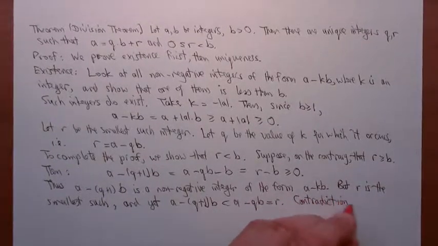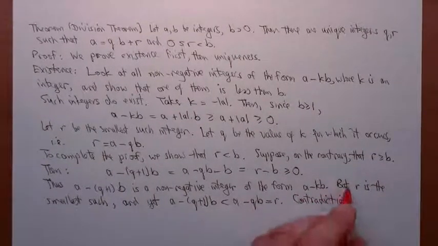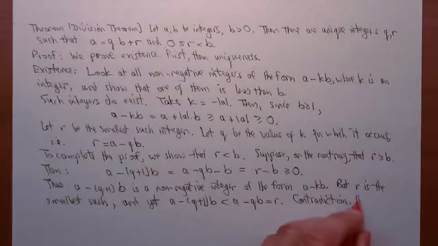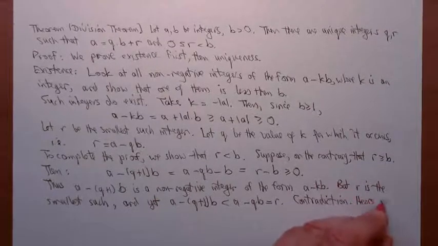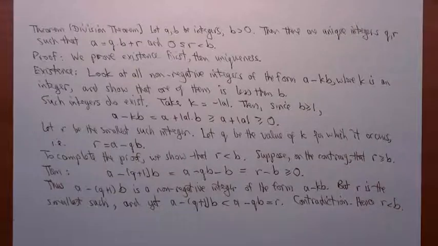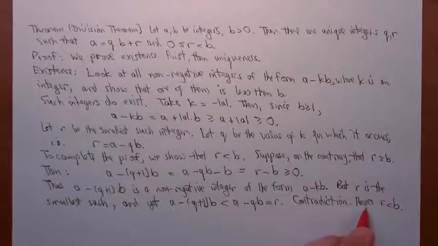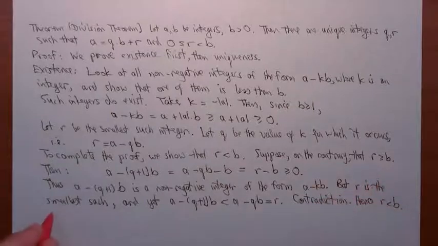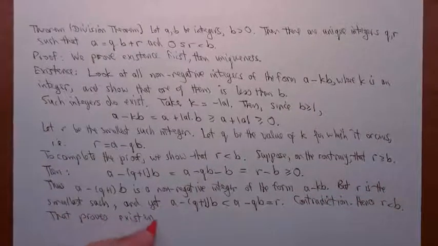And that's a contradiction. If r is the smallest such, we can't find a smaller one. Hence r is less than b, because we obtain that contradiction on the assumption that r is greater than or equal to b. And that proves existence.